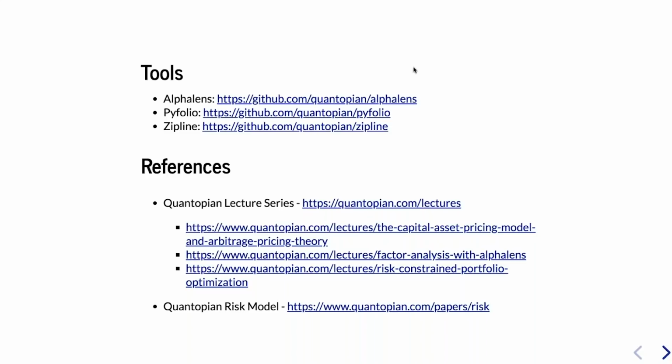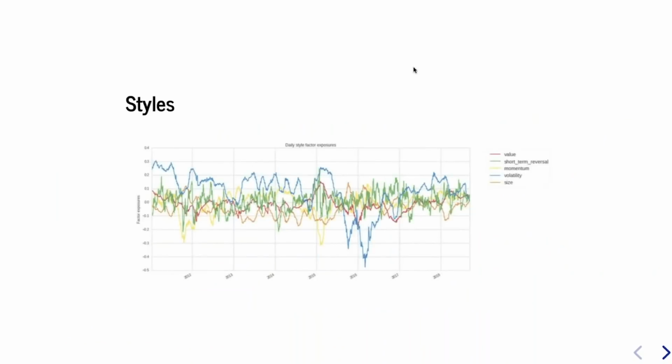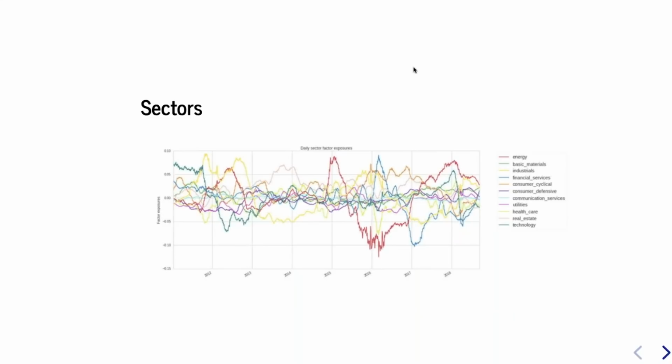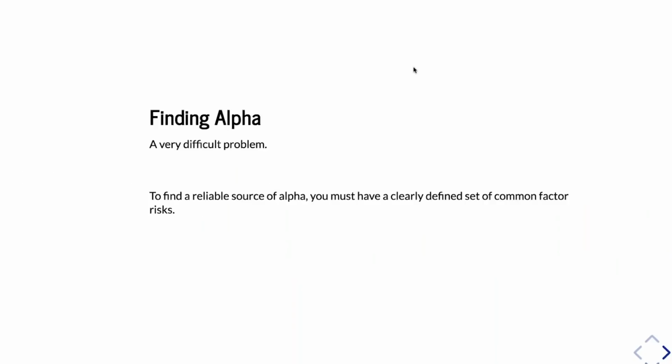For the tools that I used in throwing this together, AlphaLens is what we use for evaluating the predictive power of factors. That's available on our GitHub, and it's also integrated into our research environment. You can use Pyfolio for portfolio analytics. That's what I use to generate these risk factor decompositions from the stuff before. Pyfolio is what breaks down stuff into sectors and into individual styles.